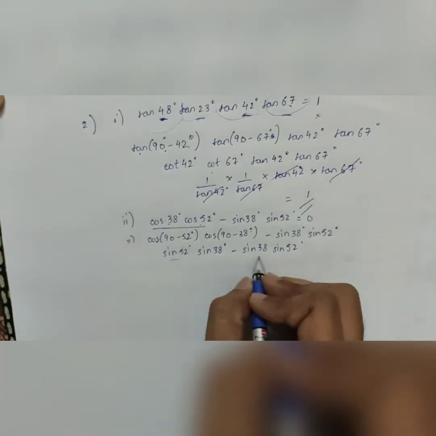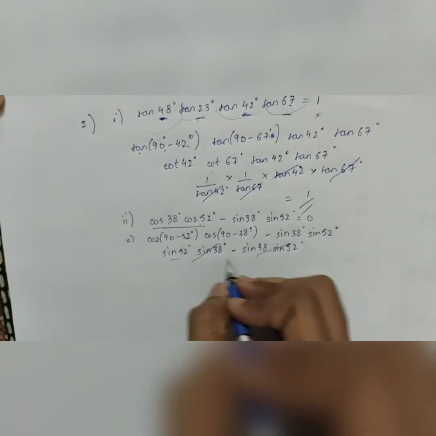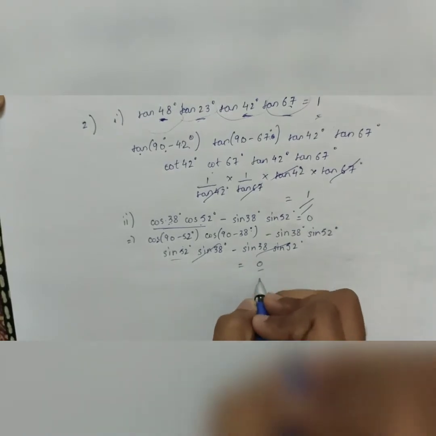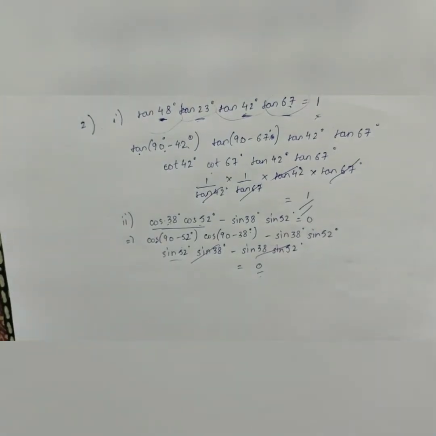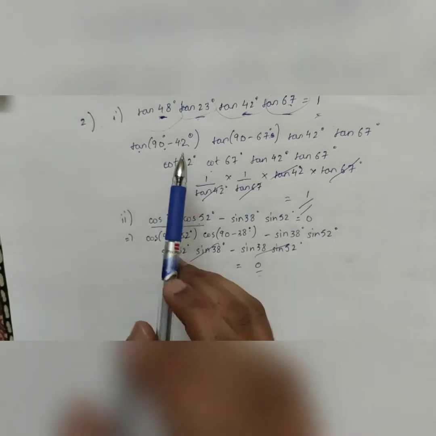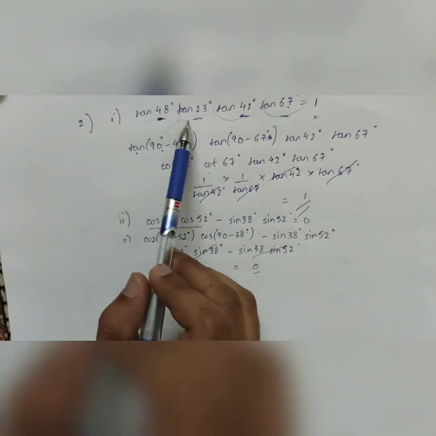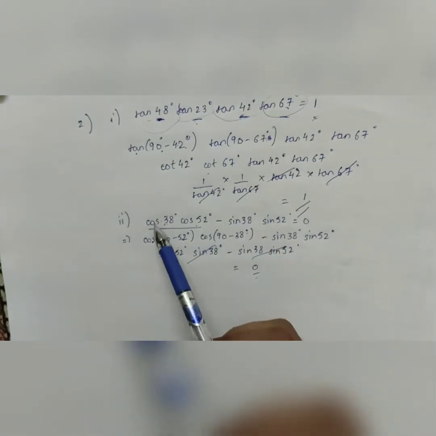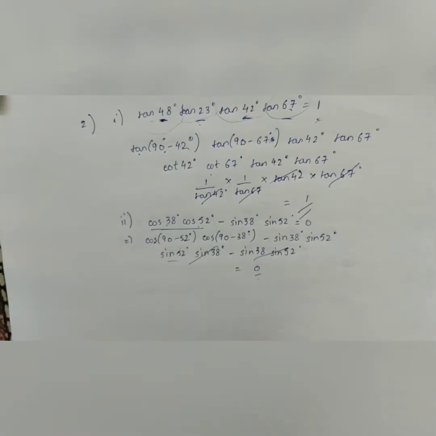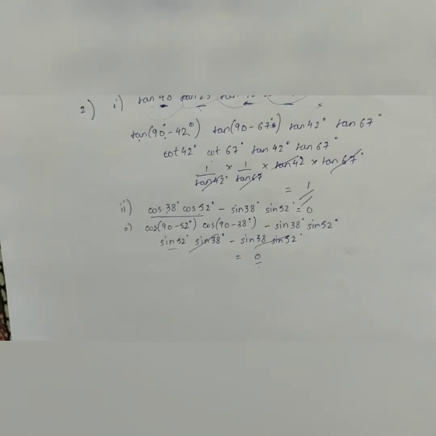Again, both terms are the same, so they cancel each other and we get the answer as 0. If you see, these questions seem to be very difficult because we don't know any values, either tan 48, tan 23 or any of these, or cos 38, cos 52. But if you use simple identities, these questions are very easy to do.